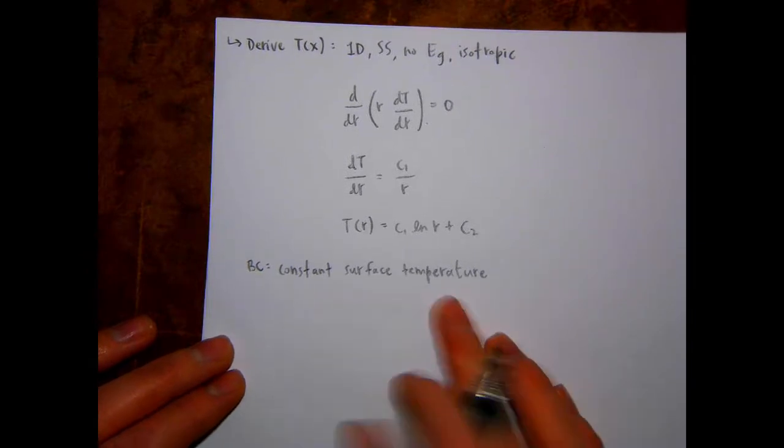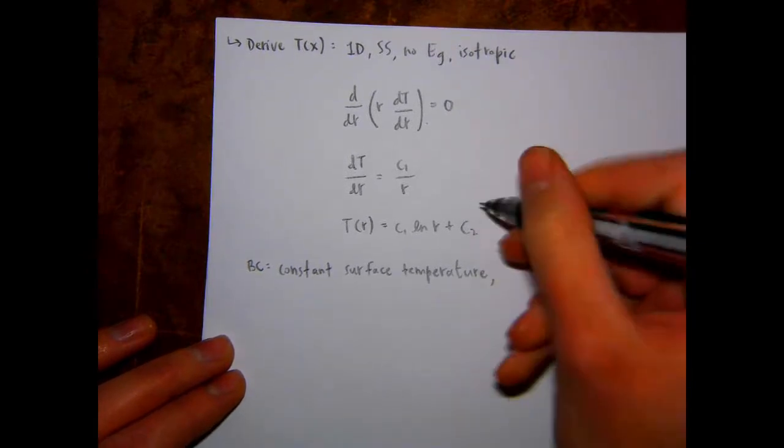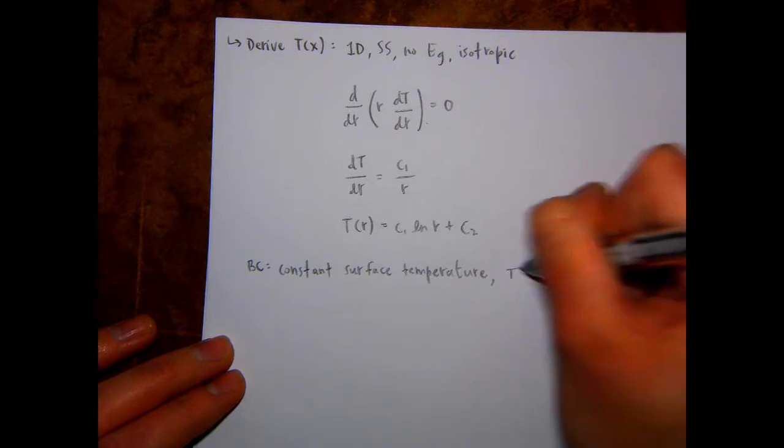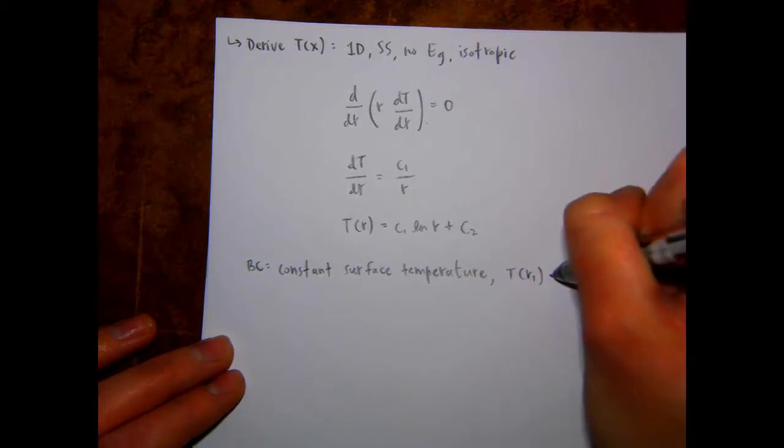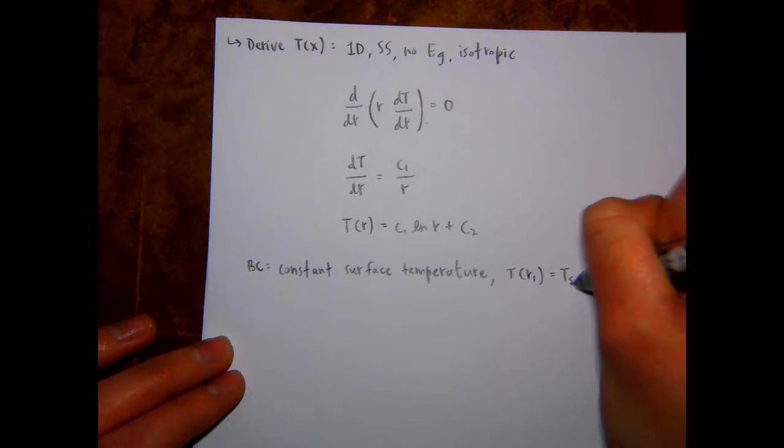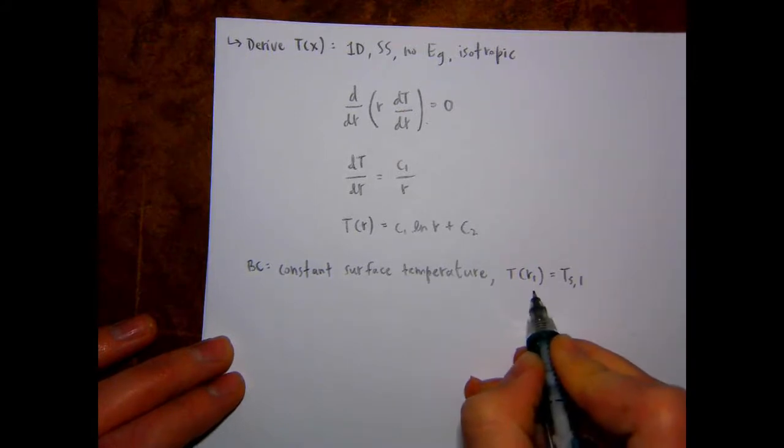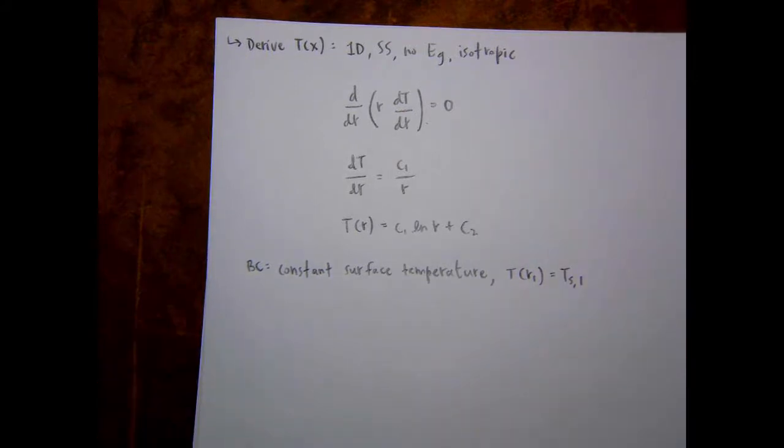So we're saying constant surface temperature: T at the first radius, R1, is equal to TS1. And note it's not 0 this time because it's the inner hollow cylinder. We're not at the middle of the cylinder.